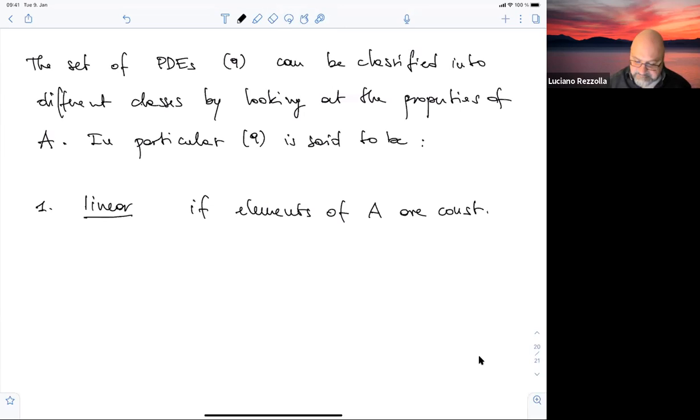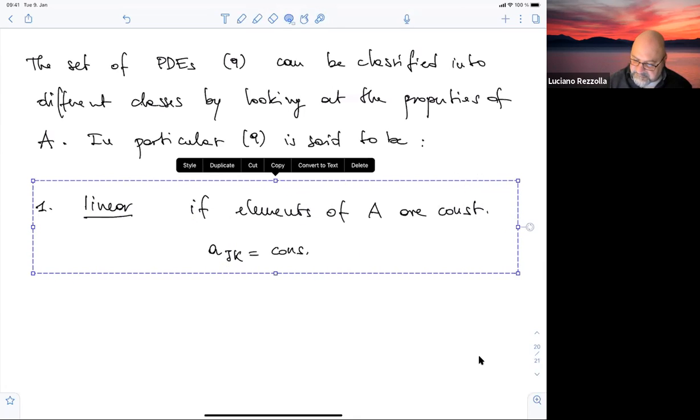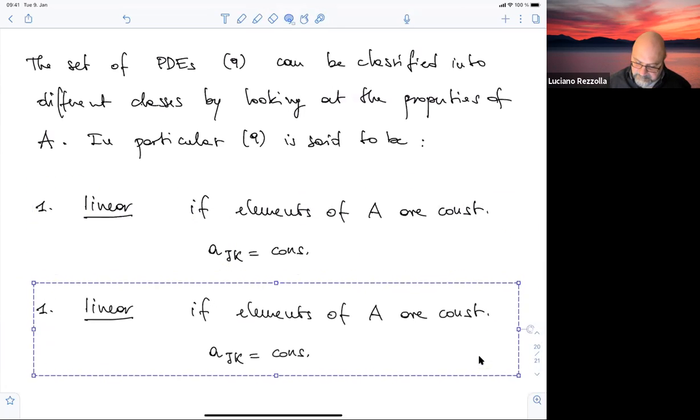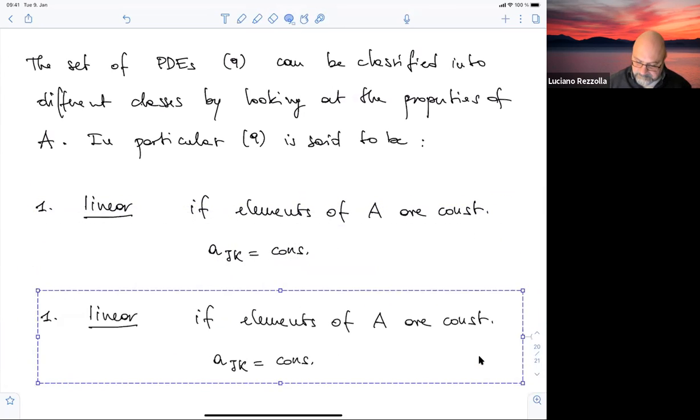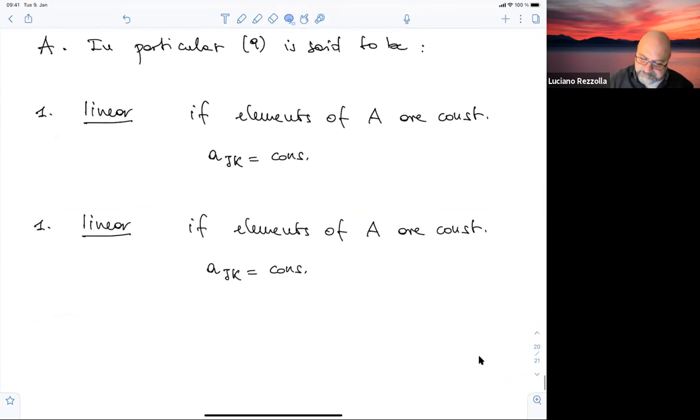So this means, let me call it A_jk. These are equal to a constant. It is still called linear, but with constant coefficient. Sorry. This is linear with constant coefficient.